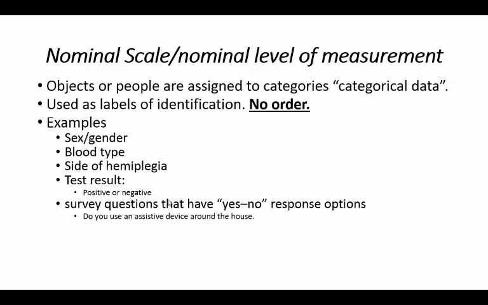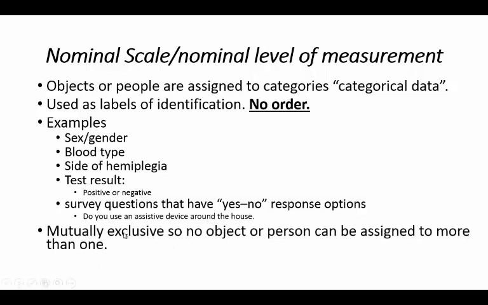If you have a survey question that has a yes or no answer, for example, do you use an assistive device around the house? Yes or no. So these variables are discrete variables. In this case yes, no is dichotomous, but at the same time it is under a nominal scale because you are naming or categorizing people or objects.